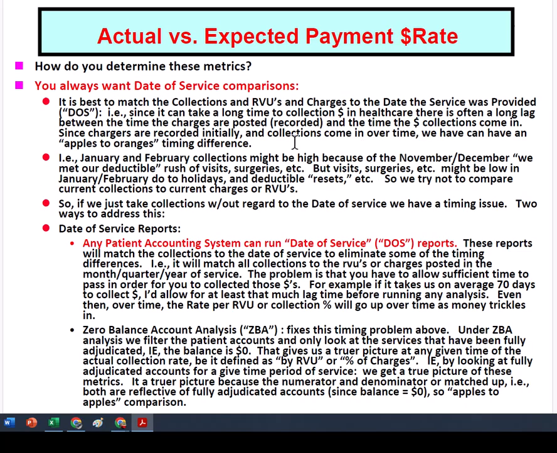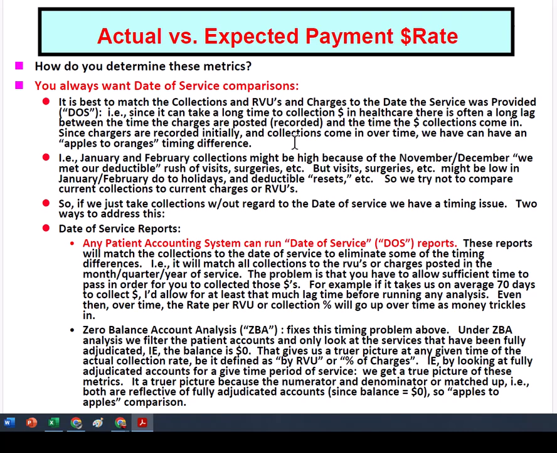Okay, just a quick aside: if you're doing actual versus expected payment, just make sure your dates of service line up. So you have a busy December, you're not going to collect that money till January, February, March. So you make sure that the January, February, March money that you collected for December services is compared against the services you did in December.